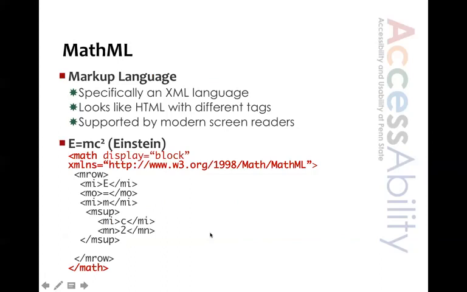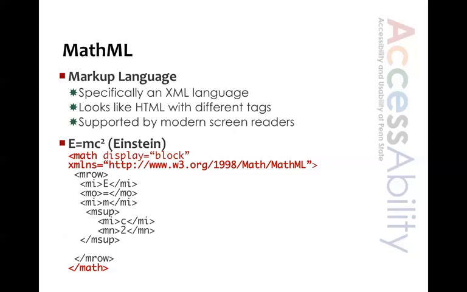This is MathML. MathML is sort of a sister language to HTML in that they're both extended markup languages designed to work on the web. They have angle brackets, so if you've ever seen HTML tags, these look like HTML tags. And they're directly supported by screen readers.